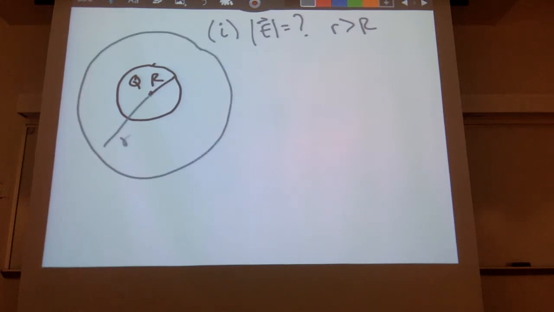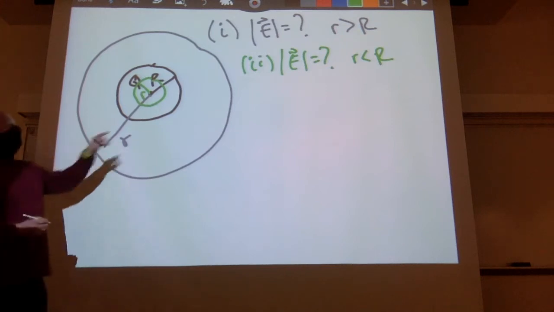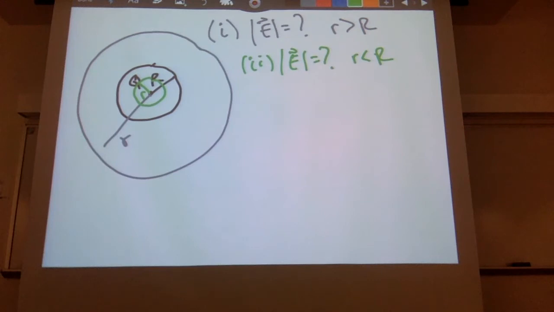So this r here is bigger than this R. And then 2 is when, what is the electric field, magnitude-wise, when r is less than capital R, which means we're going to draw a different Gaussian surface on the inside, which has a radius of little r. Okay? So what is the electric field on the outside? What is the electric field on the inside?